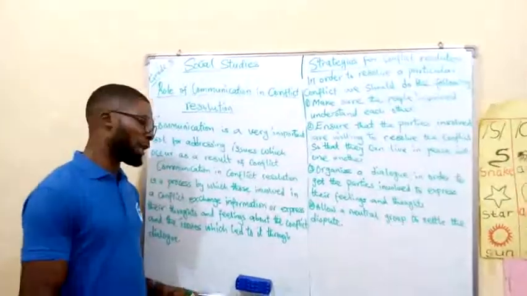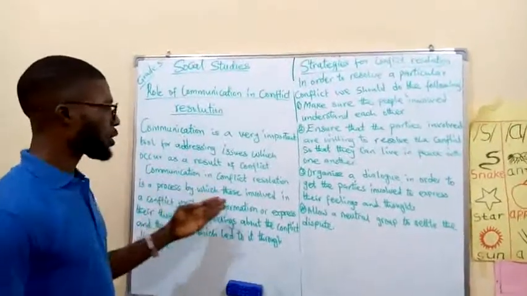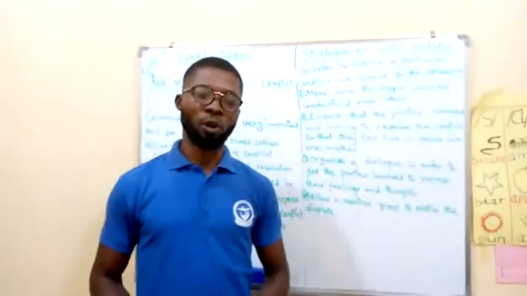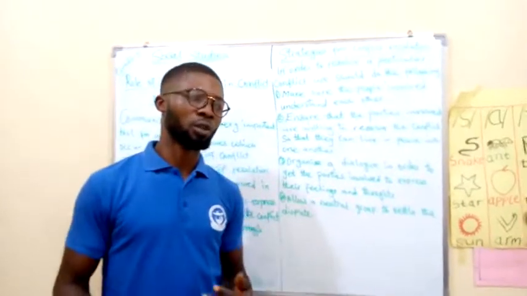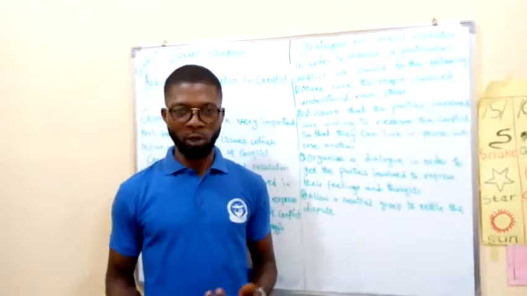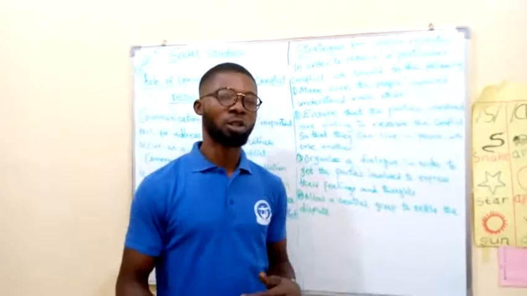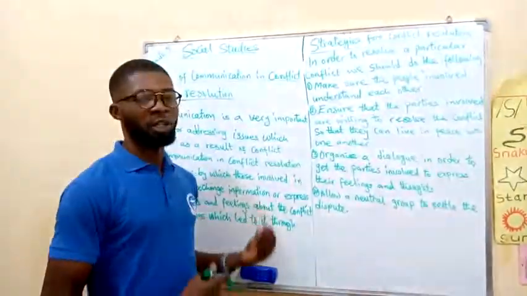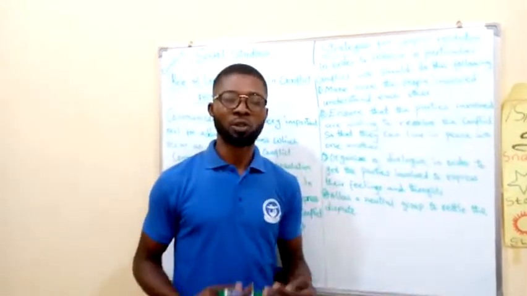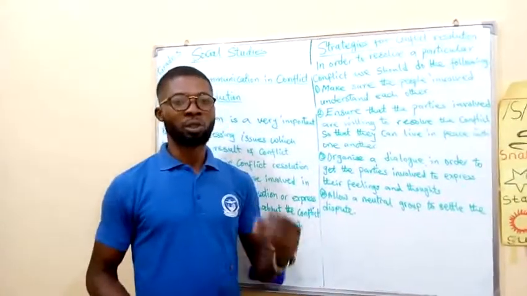That means that in order to apply communication towards solving the problem of conflict, we must first of all initiate the process of dialogue. By dialogue, we communicate with one another and try to find a solution to the conflict.